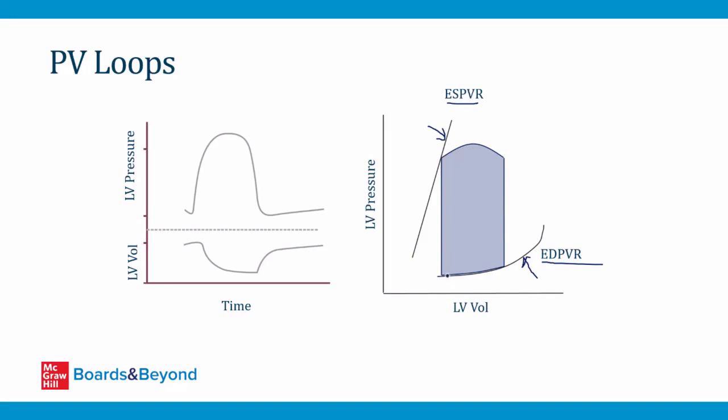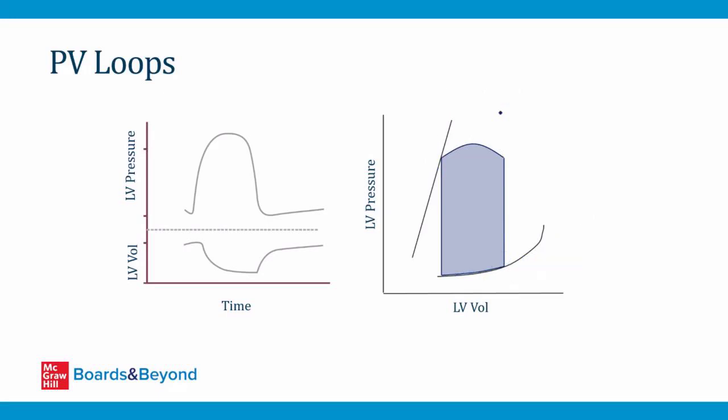So when the ventricle fills with blood, it's going to move the volume along this line here, along the end diastolic pressure volume relationship. And when the ventricle pushes blood out through the aortic valve, which we'll talk about in a minute, it does so until the volume falls to this point right here. So these points, this one right here and this one right here, they're being dictated by these 2 lines, and they're going to be important later on when we talk about things that can change those lines and therefore change the shape of the pressure volume loop.